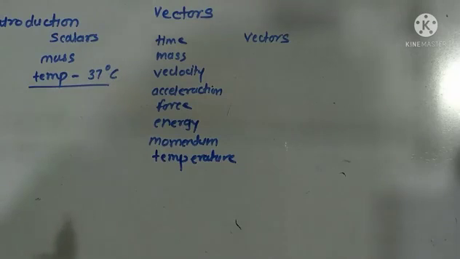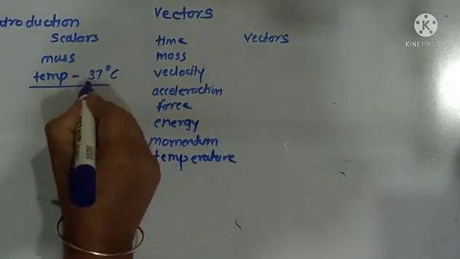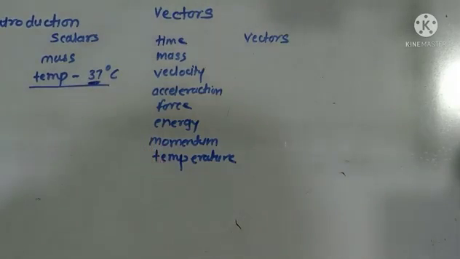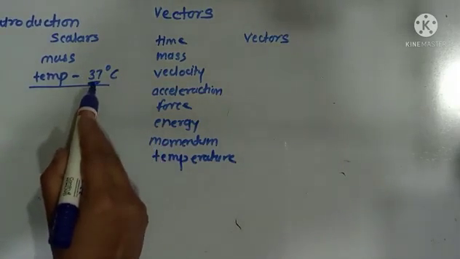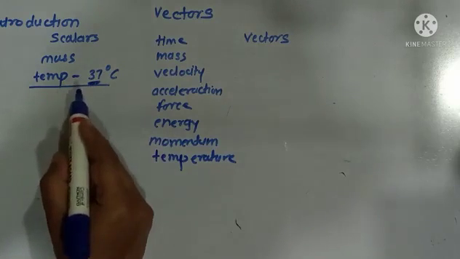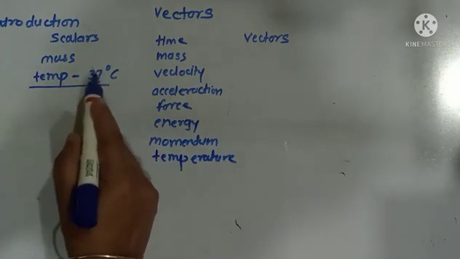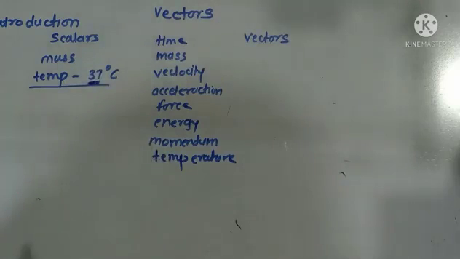So there are some physical quantities which require only magnitude for their specification. This is called the magnitude, the numerical value. So the entities which require only magnitude for their complete specification are called scalars.